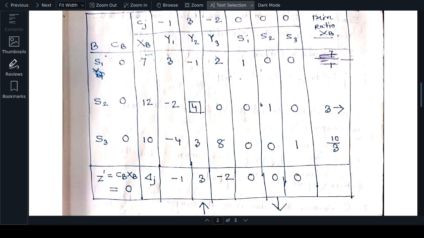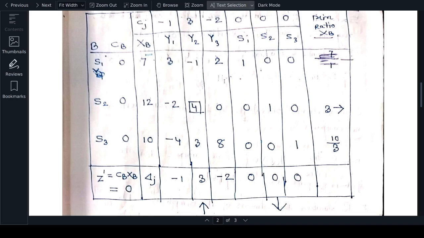First element of XB is 7 divided by the first corresponding element of Y2, -1. So 7 divided by -1 is a negative value, so you just use a dash symbol. Next, 12 divided by 4 is 3. Then 10 divided by 3 is 3.33.